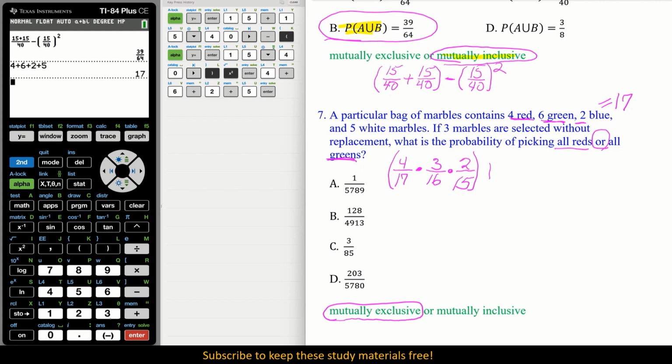Now, or they asked, or what about this other probability? Well, let's see, that's for green, and green had 6. So we still have a total of 17 because we're kind of starting over. And then we have 6, and then 16, and that's 5. And then we have 15, and then 4.